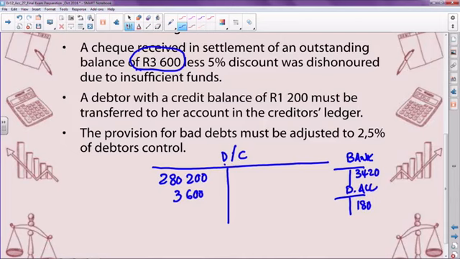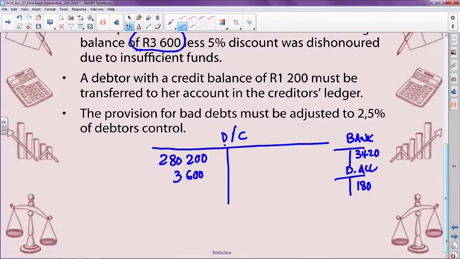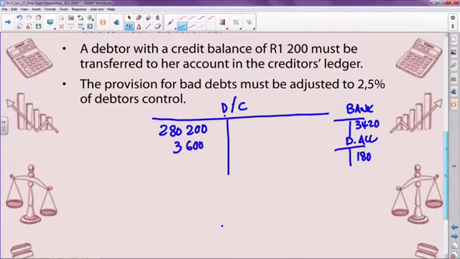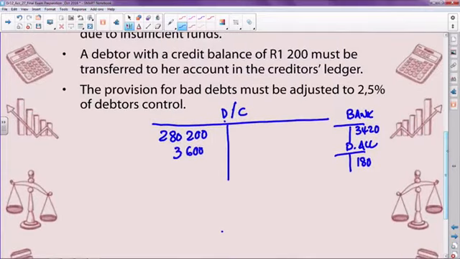Then we are told that a debtor with a credit balance of 1,200. Now watch this here. Always do this so that you understand what you are doing. There's your 1,200. It's a debtor, so there's the debtor. A credit balance of 1,200, you want to transfer it to your creditors ledger.